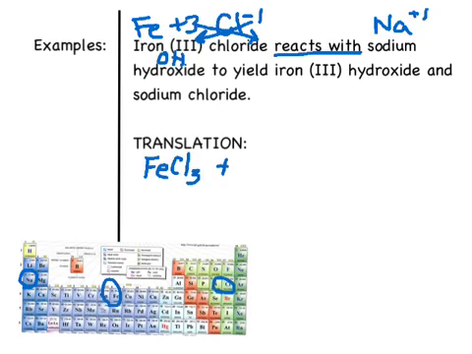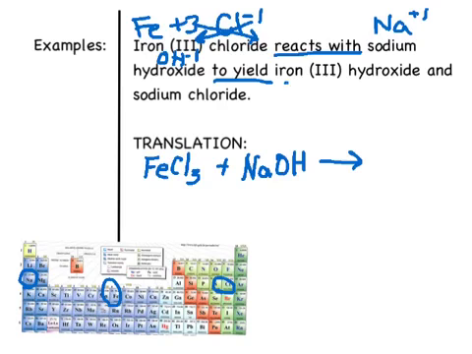And if we look up OH's charge, it's a -1. So those cancel out to make NaOH. Okay. Alright, now the next thing says to yield. That is the arrow. The arrow either means reacts to form or yields. So everything else now in our words is going to be products.